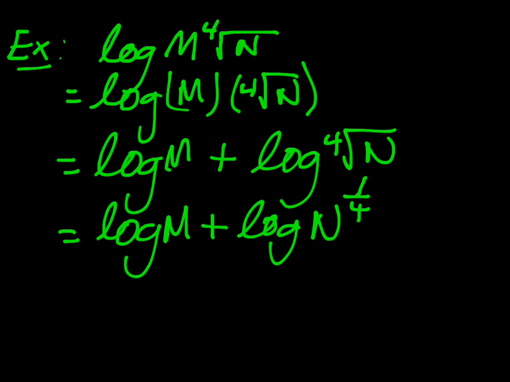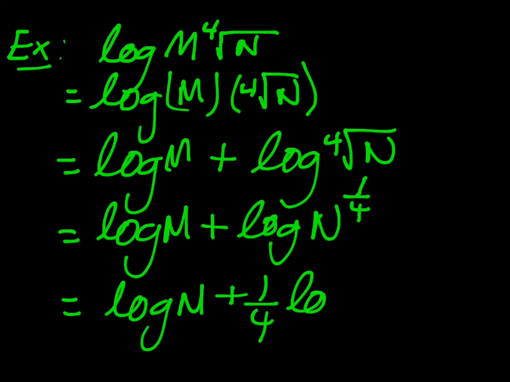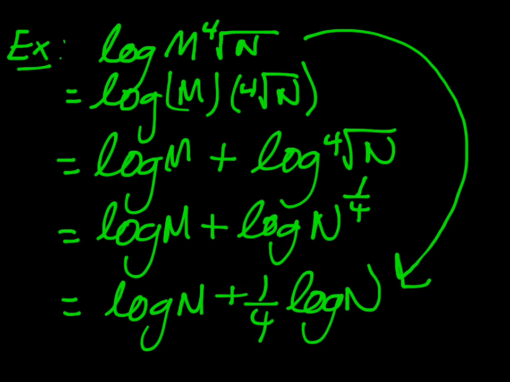Then that becomes log m plus 1 over 4 log n. We've taken something and expanded it all the way using our exponent laws. It's really important that we know those laws and can use them efficiently, which is why you need to keep working through the notes.